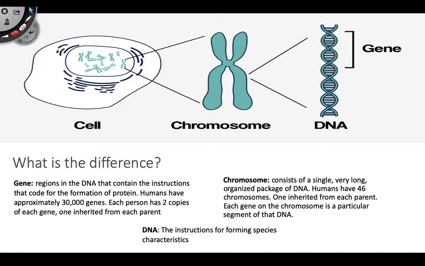So let's start with some vocab words. And what is the difference between all of this? So we know that inside a cell, we find a nucleus, and of course only in eukaryotic cells, right? So eukaryotic cells have a nucleus. So what's inside the nucleus? What's inside this brain of a cell?